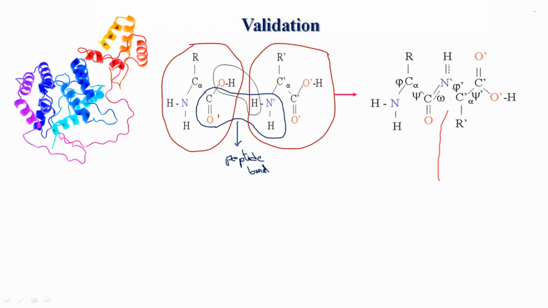These angles between these atoms are the phi and psi angles. We can see here alpha carbon to carbon, alpha carbon to nitrogen, carbon to nitrogen.